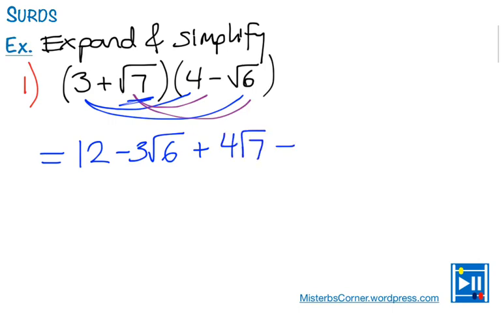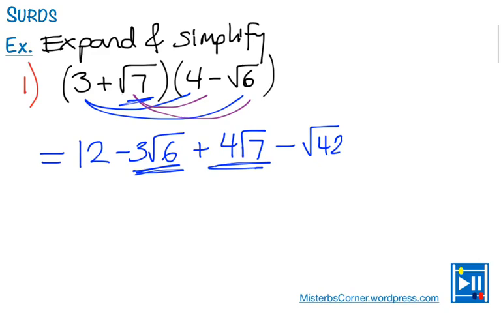Minus, now root 7 times root 6, 7 times 6 is 42, so I end up with the 42 here. Now, this expression has nothing to simplify, because these two especially, these are the ones that I could simplify, they don't have the same surd. This is root 6, this is root 7, and I cannot add them.